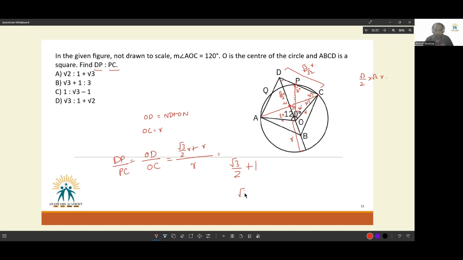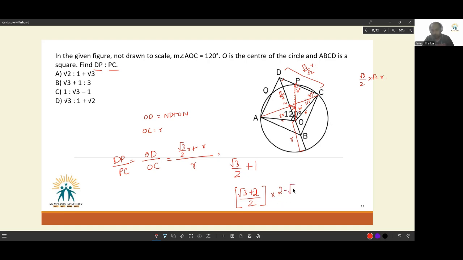Or the final ratio is root 3 plus 2 by 2. But then none of the numbers here are aligning with that. Do I have to maybe rationalize? Okay, let me see if I rationalize it helps. Into root 3 minus 2. Sorry, but then I will get a negative number.